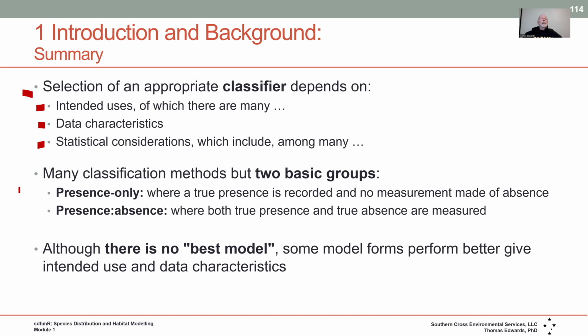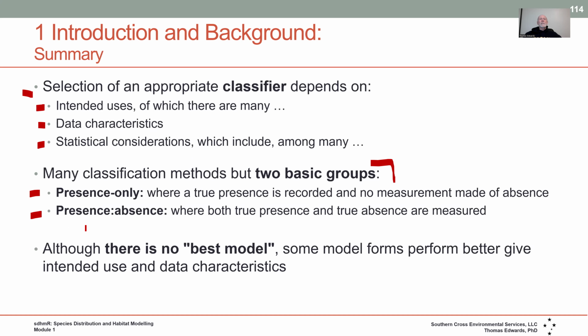When it comes to classification, we're dealing with data that consists of presence only. We saw historical older forms of models that allowed you to explore just presence only data.